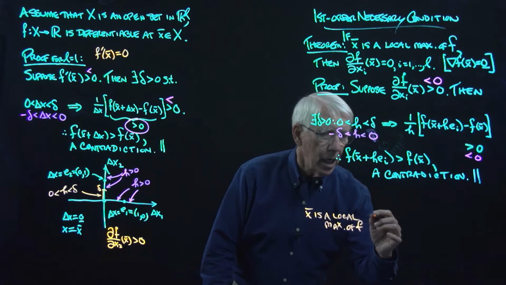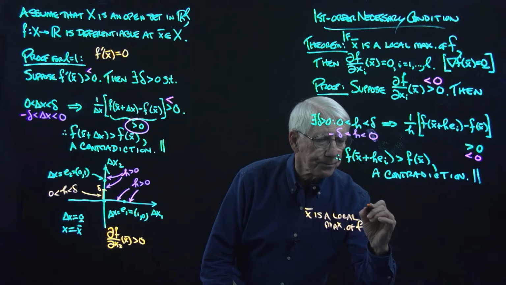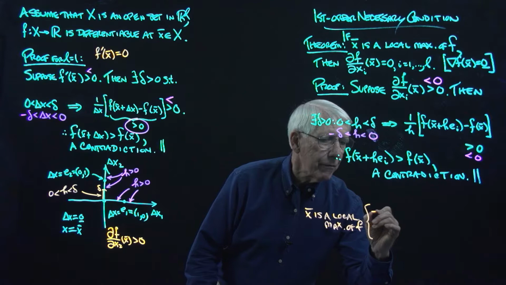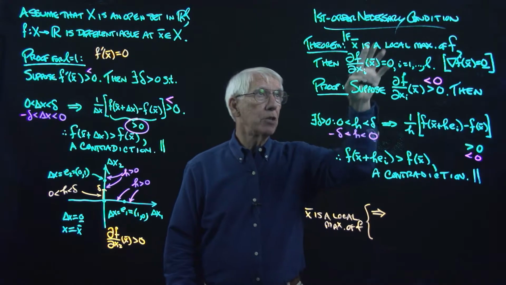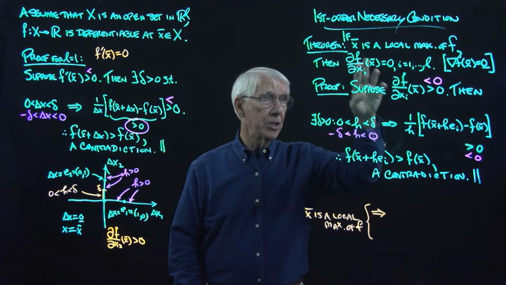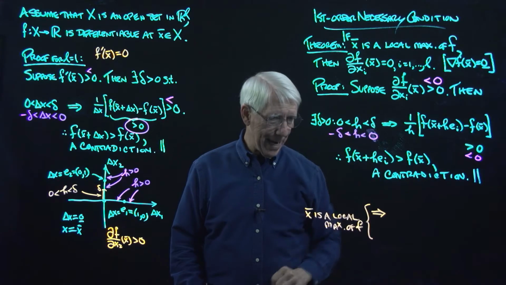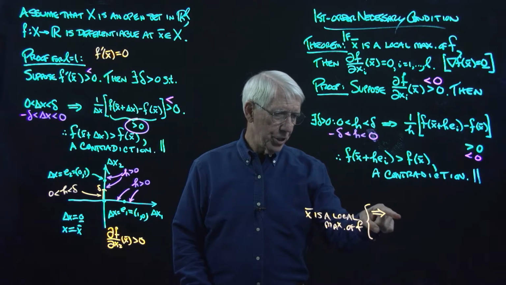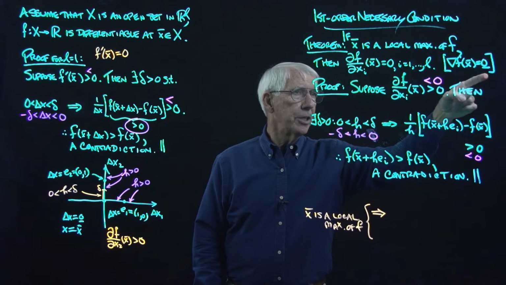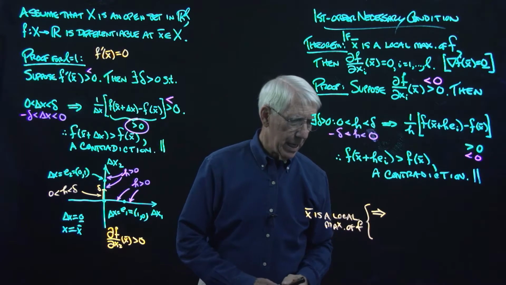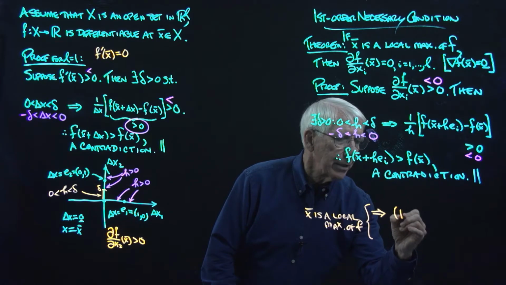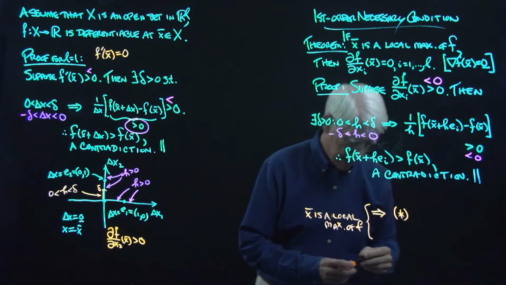So let me actually do the following. What we have just done is we've obtained a necessary condition. And what that means, it's just as the theorem says, if x bar is a local maximum, then it follows as an implication that the gradient at x bar is the zero vector, or all the partial derivatives are zero. I'm not going to write that here. I'm just going to write star in parentheses.